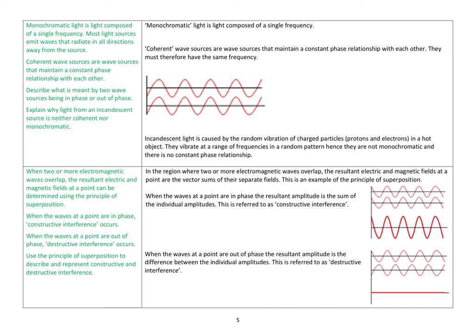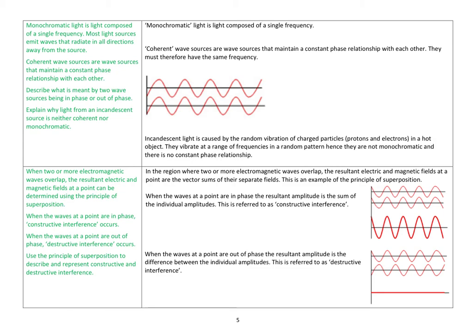Incandescent light. Now, incandescent light is not so common now, but previously that was the old sort of light bulbs that had the filament in that we got really hot. As they got hot, all the atoms in there vibrated faster and faster, as those charged particles in the atoms, the protons and the electrons, vibrated. They released light, and that's hence why we saw light being emitted from a very hot object.